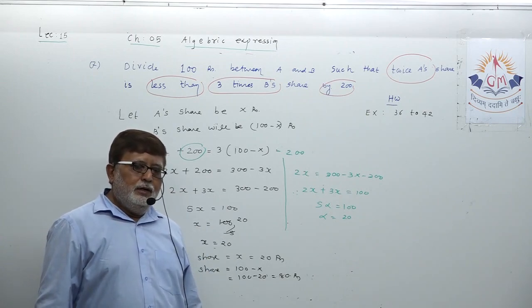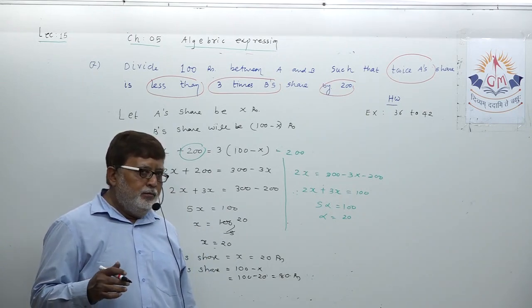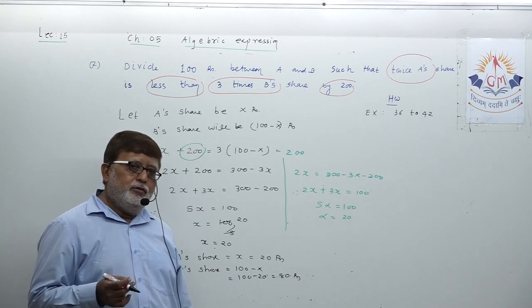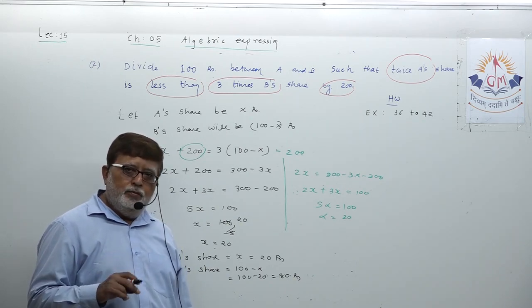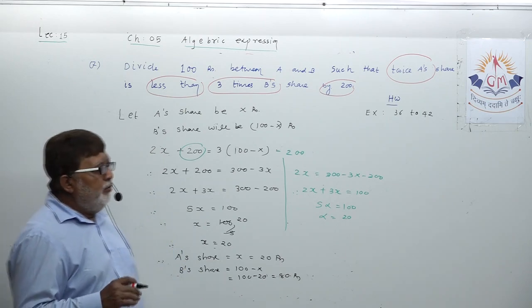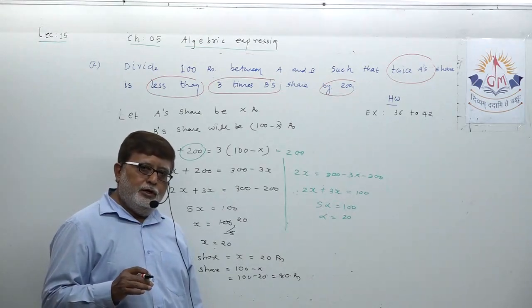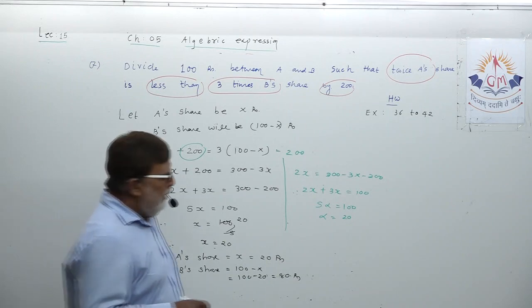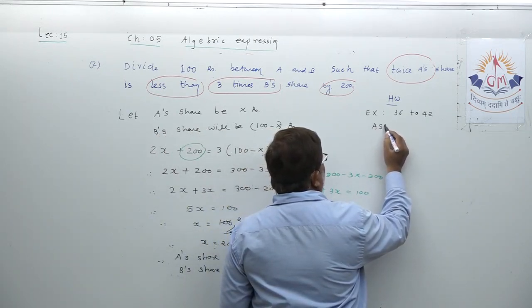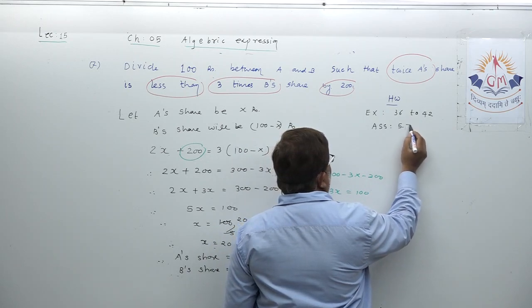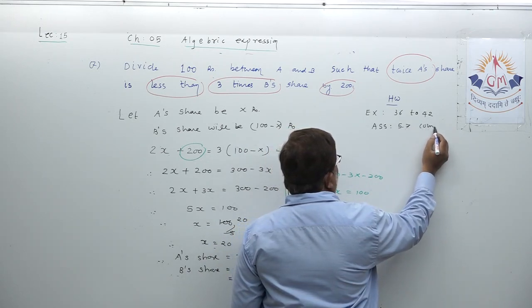Understand? You can take one more day to submit your homework. You do not have to complete your homework just in one day. You can submit it in 2 days, okay? And then you have to do assignment 5.7 complete.